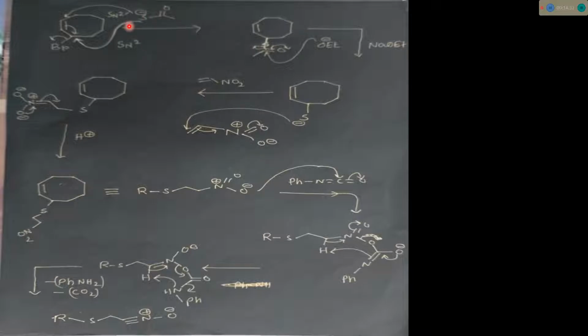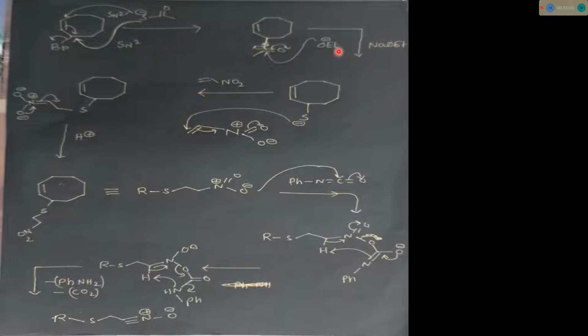We all know that allyl and benzyl halides, particularly bromides, are very susceptible towards nucleophilic substitution reactions. So whether it reacts by SN2 or SN2 dash, we get the same product. Now we obtain this product after the substitution reaction.